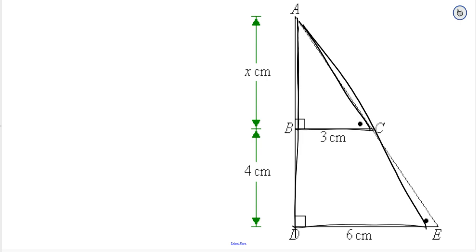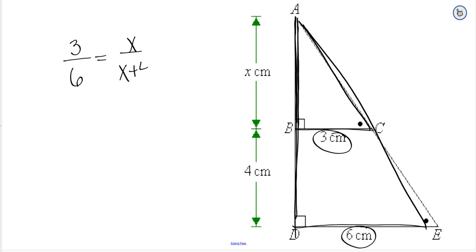If I'm doing my proportions, let's say little to big, it's going to be 3/6. Then we have to figure out how to do the other proportion with the x. You might be thinking it's just x to 4, because 4 is the other number I'm given. Well, if I'm doing little triangle to big triangle, that means I have to do x to the entire side length. So that would be x to x plus 4 when I set up my ratio.